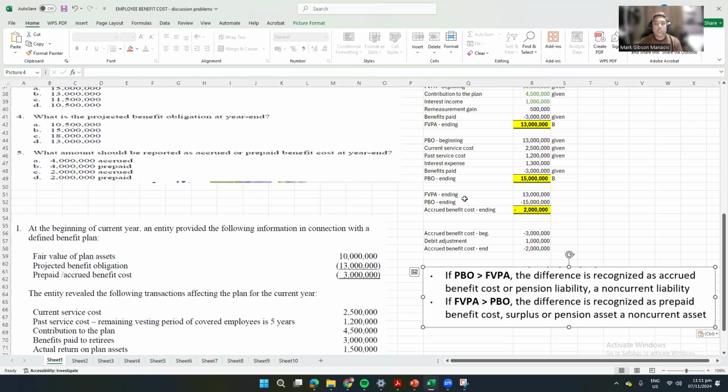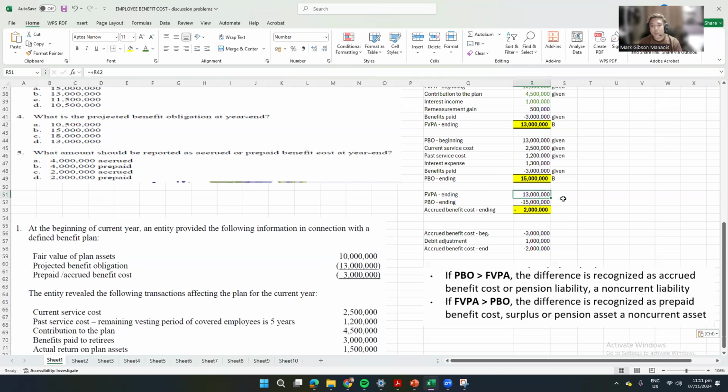How much is our FVPA? So in this case, we have 13 million. So our PBO is 15 million. So in this case, class, pansinin that the PBO is greater than our FVPA. So therefore, any difference will have to be recognized as accrued benefit cost.